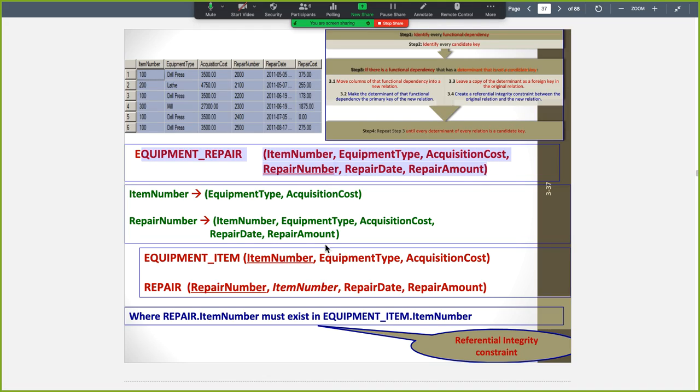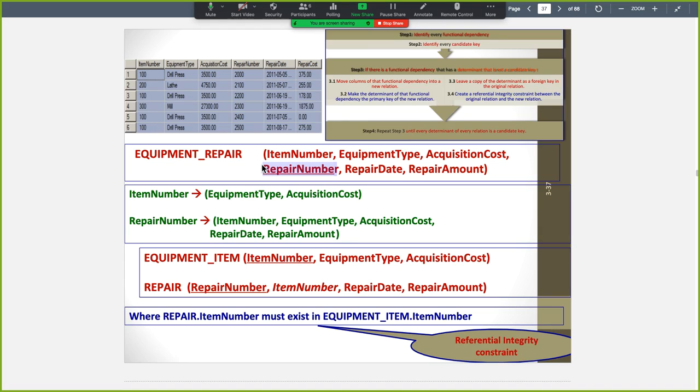And second, we're going to identify all the candidate keys as a primary key. We have a primary key called repair number in the original, right? Just try to think conceptually.